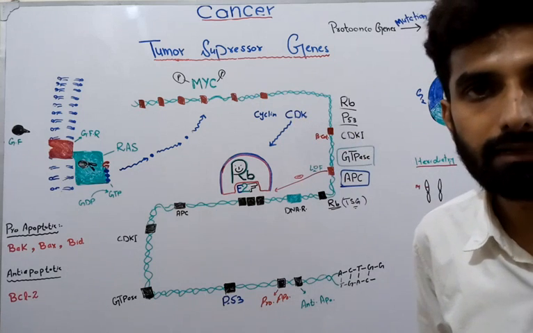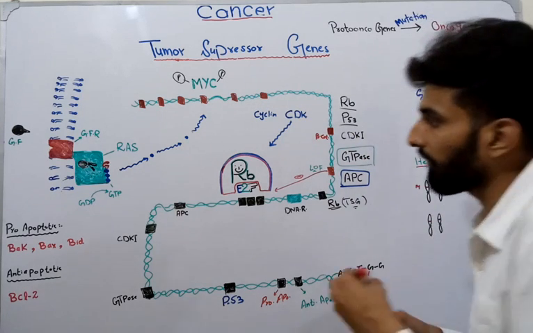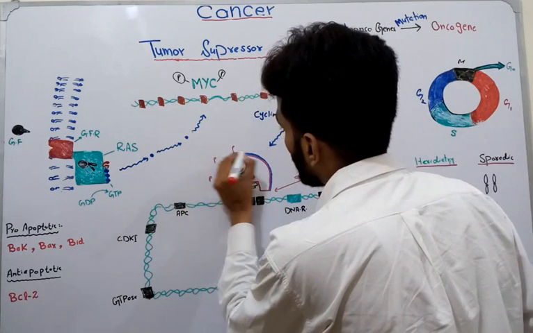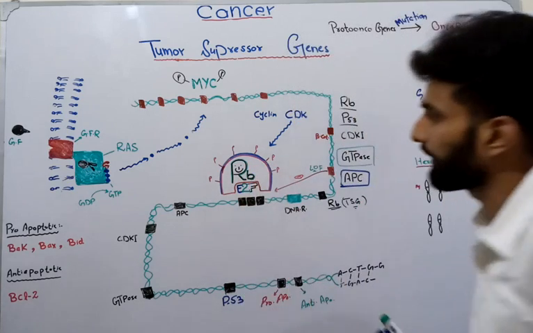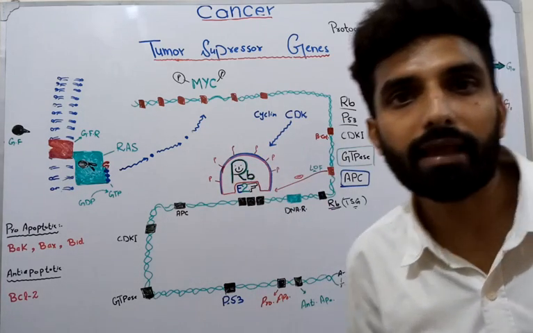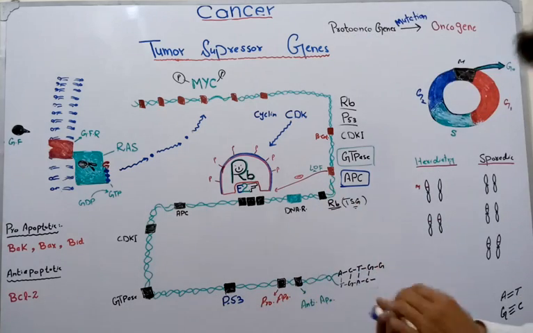Now we know that these cyclin dependent kinases are responsible for phosphorylation. They will add lots of phosphate groups on different amino acids of this protein. They are responsible for the phosphorylation of this RB protein. And when this RB protein gets phosphorylated, it will become deactivated.